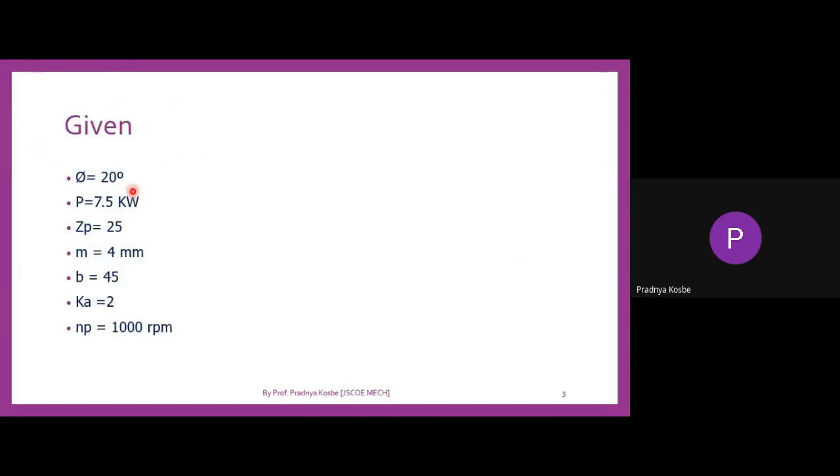So what are the given things? The pressure angle is 20 degree, power is 7.5 kilowatt, number of teeth on pinion, that is Zp, is equal to 25, module 4 mm, face width is 45 mm, K is a service factor or application factor.